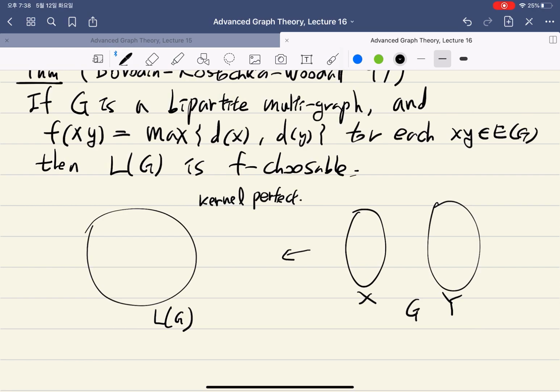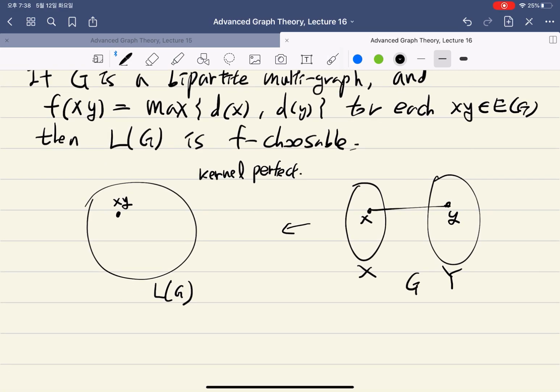And for each vertex xy here, which is h here, we want the out-degree of the orientation to be at most the maximum of the degree of x in G and the degree of y, minus 1.